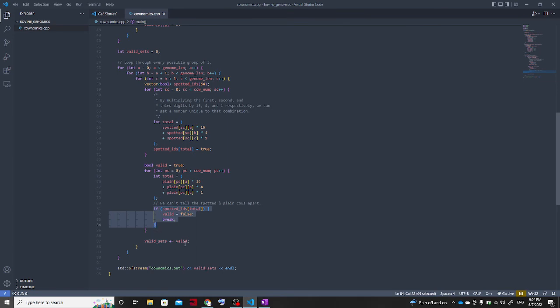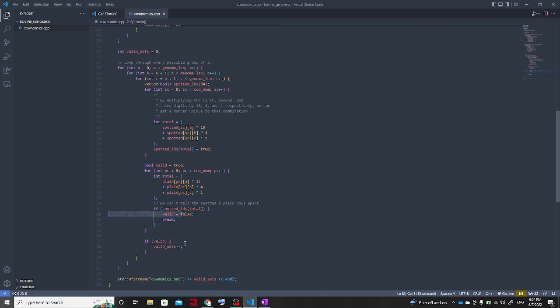And this might be a bit confusing, but essentially in C++, a boolean is 1 if it's true and 0 if it's false. So what you could replace this with, if you wanted to be clear, is if valid, sets plus plus. That's essentially what it's doing.